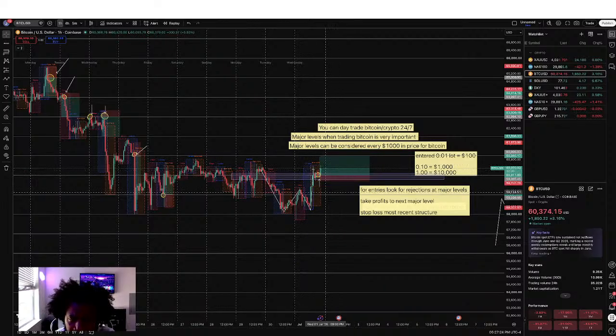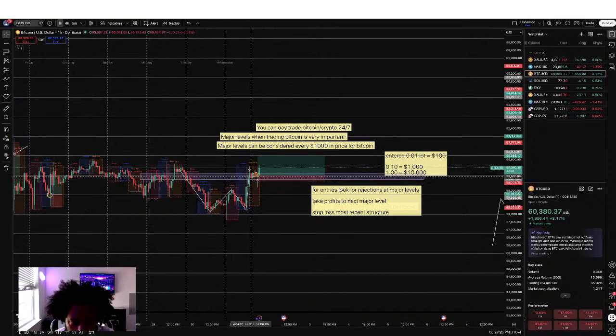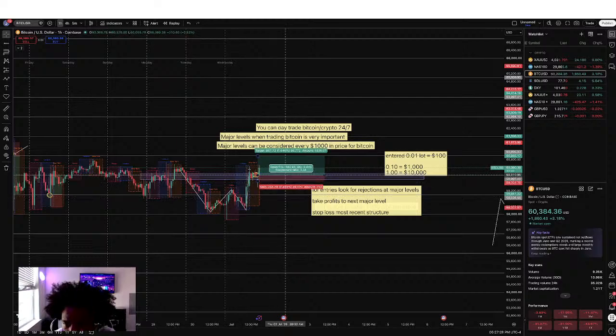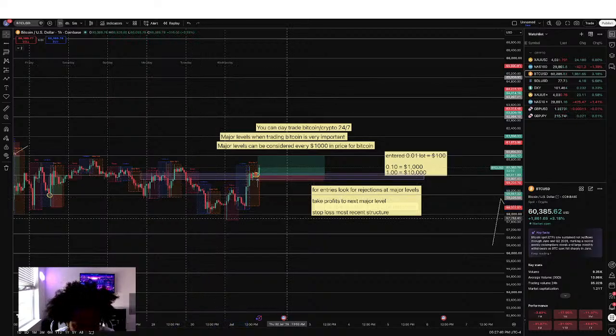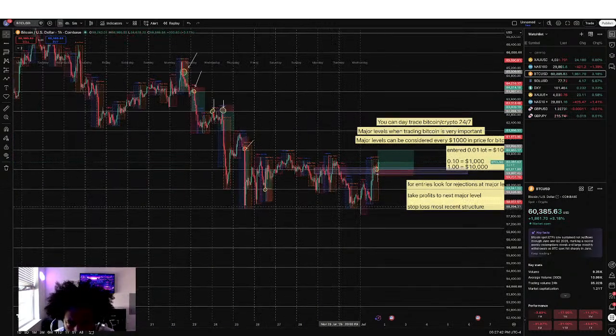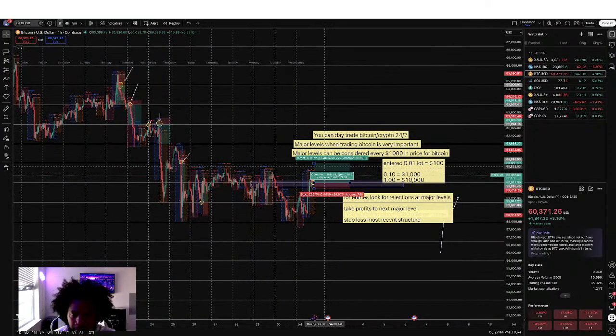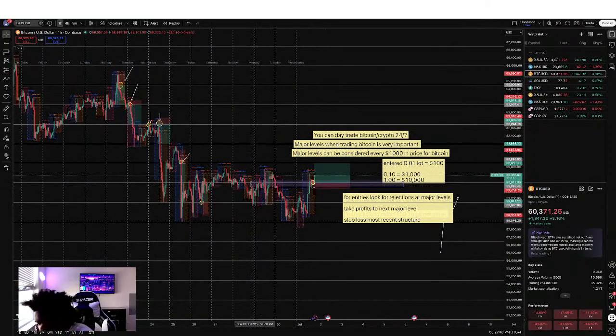We want to be in when the market is trending. So you can see we have rejection off of this 60,000 level to the upside after getting this market structure shift. So now we want to see Bitcoin play this next level right here. Let me see.